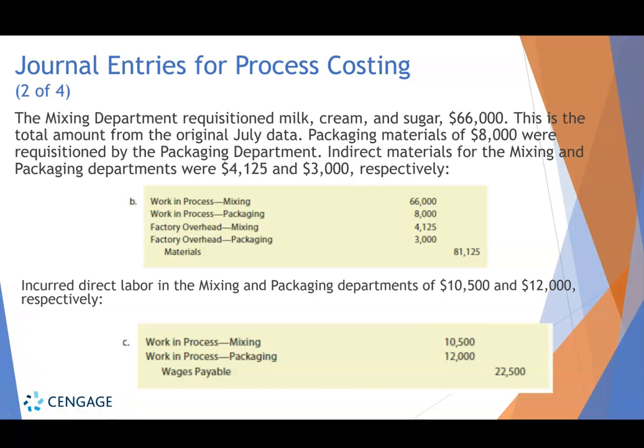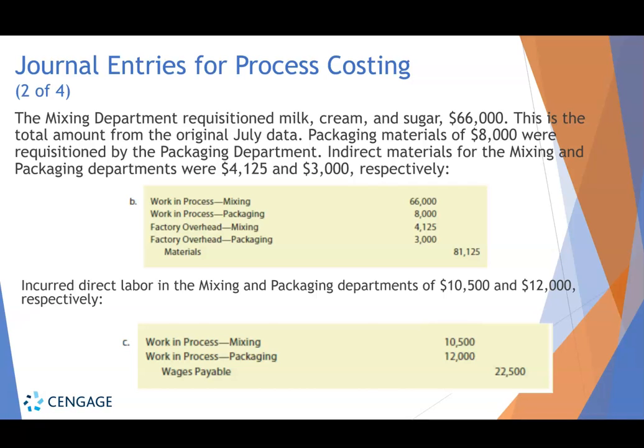Next, we show the mixing department requisitioned milk, cream, and sugar for $66,000. This is the total amount from the original July information. Packaging material of $8,000 were requisitioned from the packaging department. Indirect materials for the mixing and packaging departments were $4,125 and $3,000 respectively.